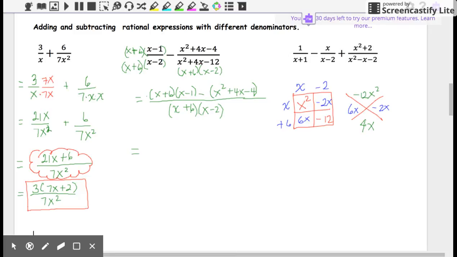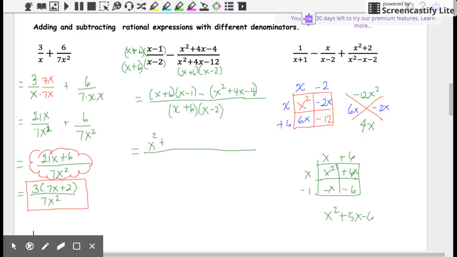Now we have two binomials multiplied together. We need to multiply the two, so I'm going to need to use a box. x plus 6 times x minus 1 is going to be x squared plus 6x minus x minus 6. So that's going to be x squared plus 5x minus 6.